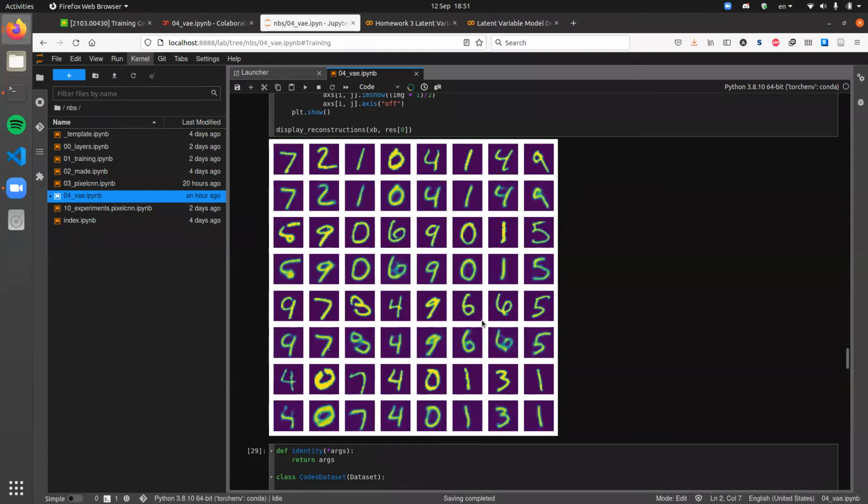But in this case, each image is represented as a discrete code. So we cannot do this straightforward interpolation in a latent space because we do not have a continuous structure of a latent space, right?